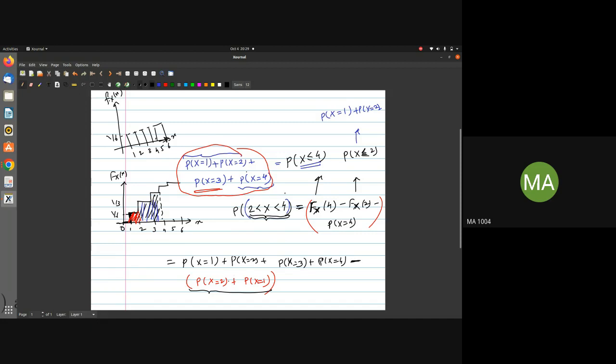So why are we subtracting this? Because we wanted the probability where x takes values greater than 2, right? And now, when I said that it is less than 4, I'm just subtracting the probability that x equals 4. Then I will get the value of the probability that x equals 3. So I can directly find the value of x equal to 3, or I can find it like this.